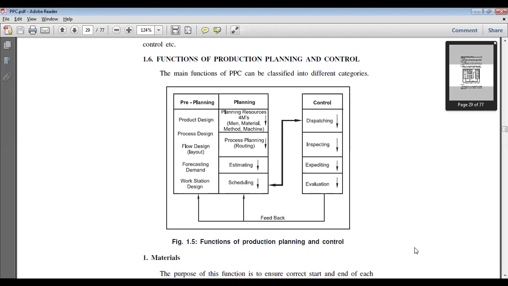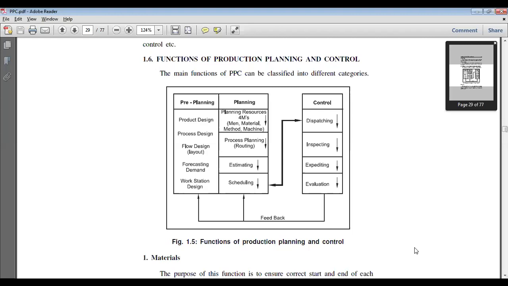Next is planning. So in the planning stage, we basically define the flow and execution of actual work. So how the man, material, method and machines are going together to produce the required product. So that is the planning resources.